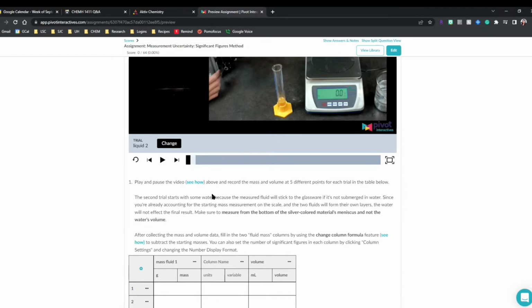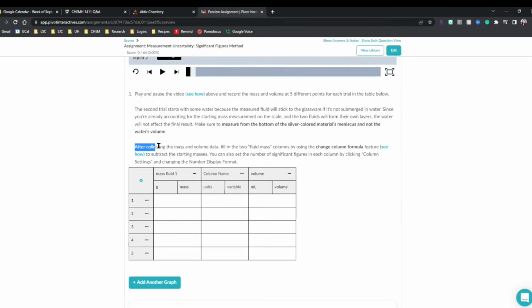So once you're done with those 4 columns of raw measurements, like it says here, after collecting mass and volume data, the 4 columns, you are going to add in 2 more columns. Let me delete this because it's bugging me.